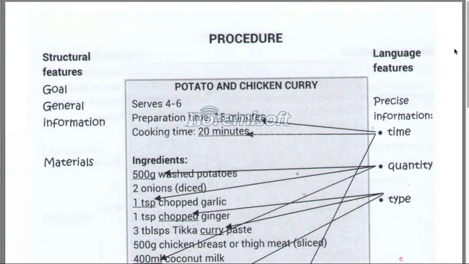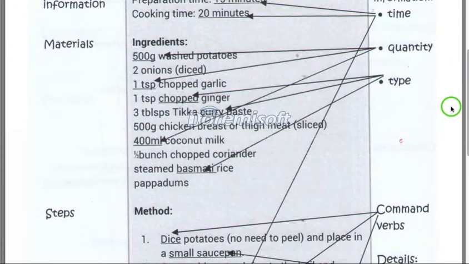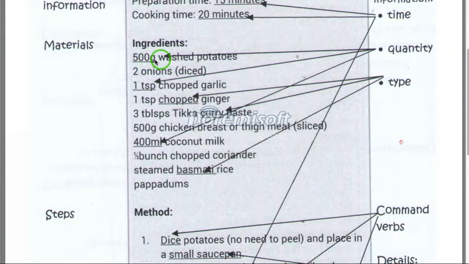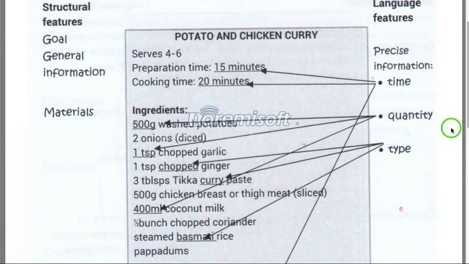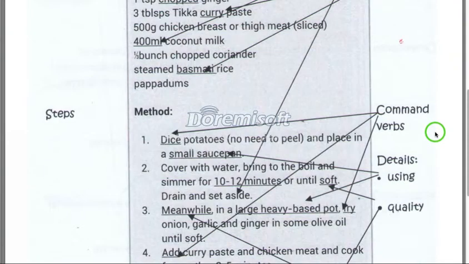So connected to this is the fact that we can just list the necessary ingredients without any need to make a full sentence, because it's understood. These are the ingredients. You don't need to address the reader personally.